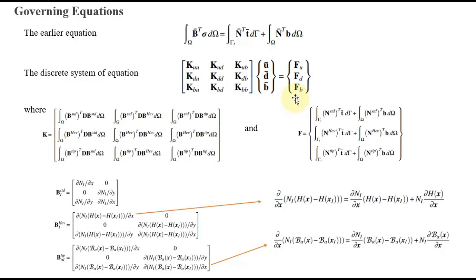Each submatrix corresponds to coupling between standard, Heaviside, and crack tip terms. The force vector is also divided accordingly. Each component includes body force and traction contributions computed over the domain and boundaries.